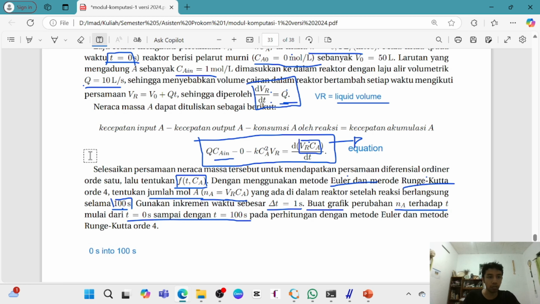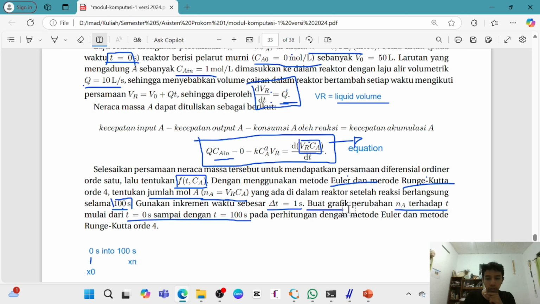Then this zero is x0, and the 100 is xn. This is the h, the delta t, the increment.